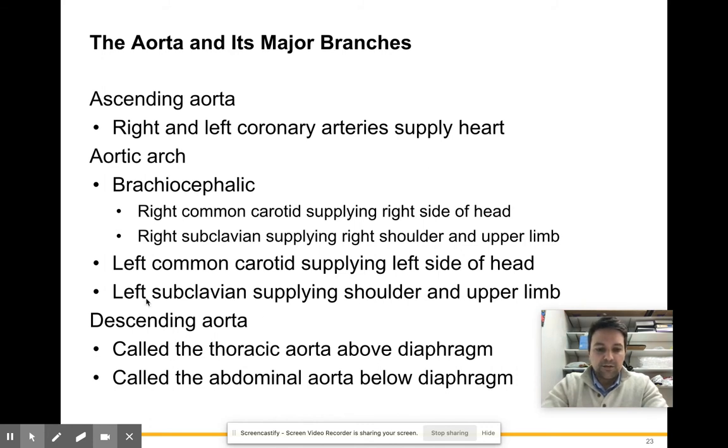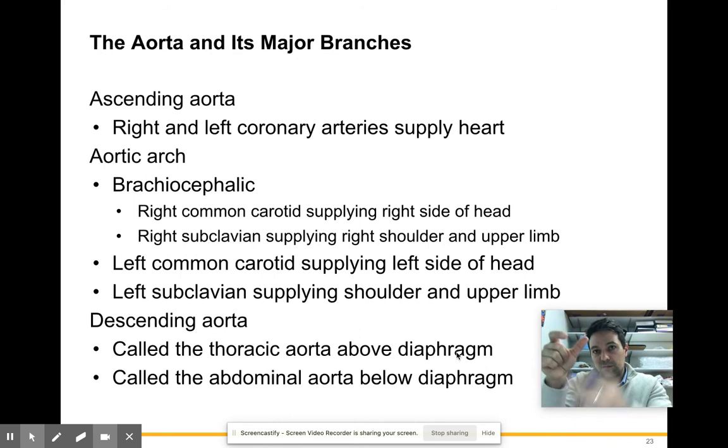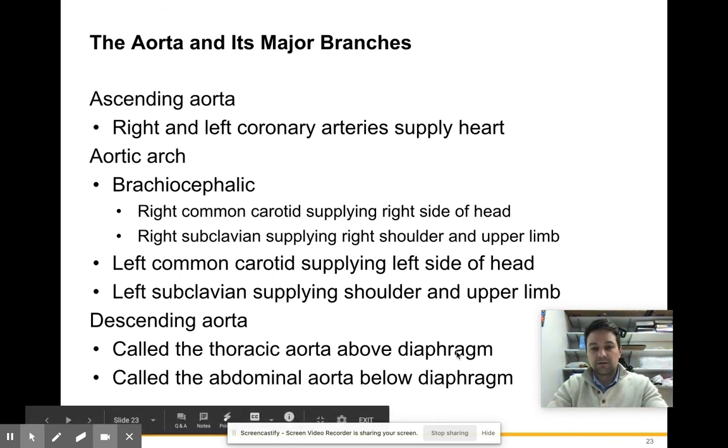Then we have the descending aorta, which could also be called the thoracic aorta. The thoracic aorta is going to be above the diaphragm. The aorta turns and goes down behind the heart, and that part is still descending, going down.